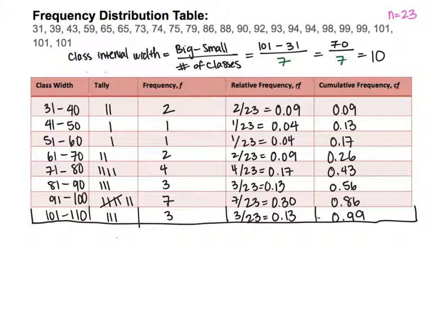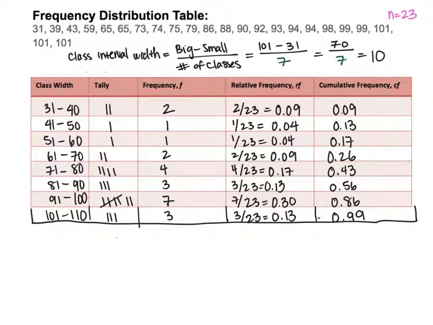It's really darn close to 1, but it's not quite there, and that's mainly due to rounding error. Because I was rounding to the second place, this sum might be a little bit off. Let me just remind you, if you're just a little bit off, it's not a big deal, just keep going.